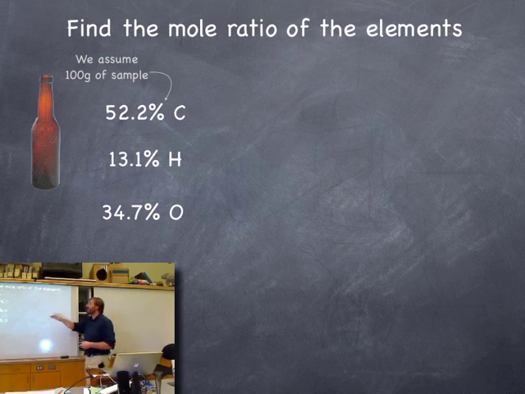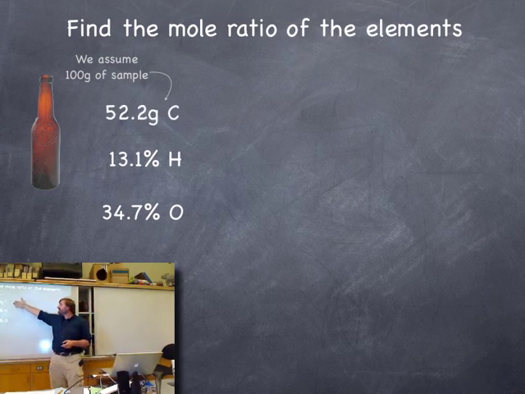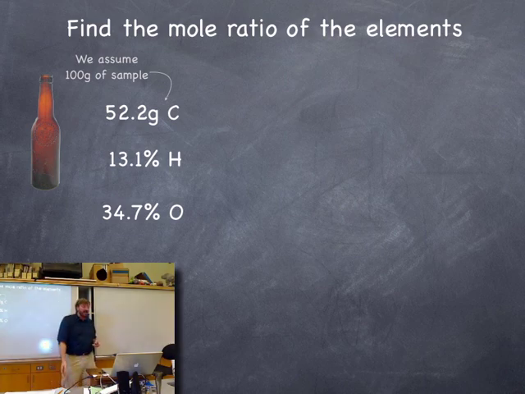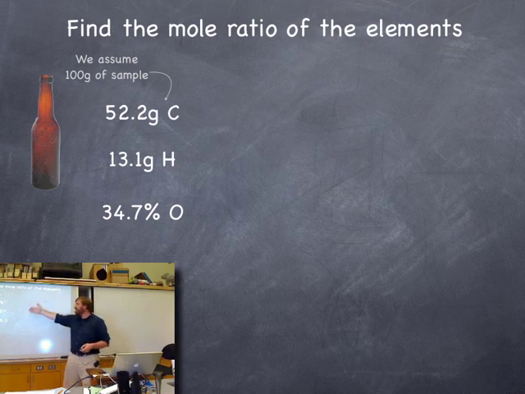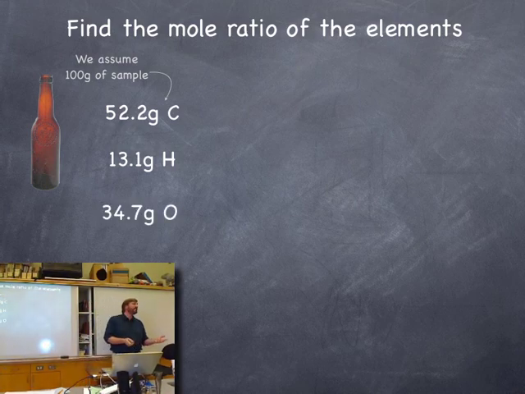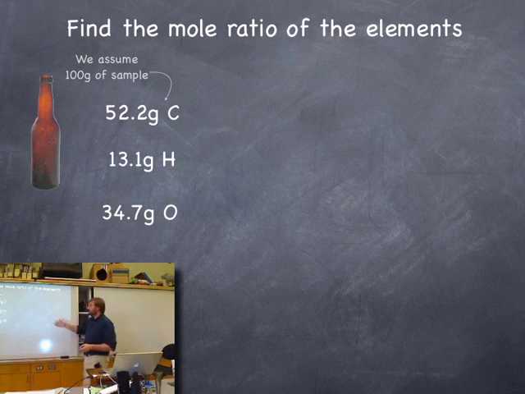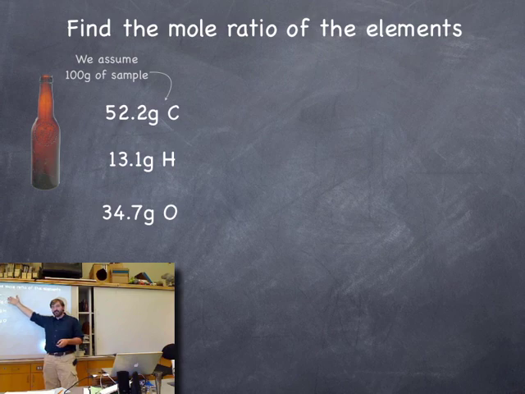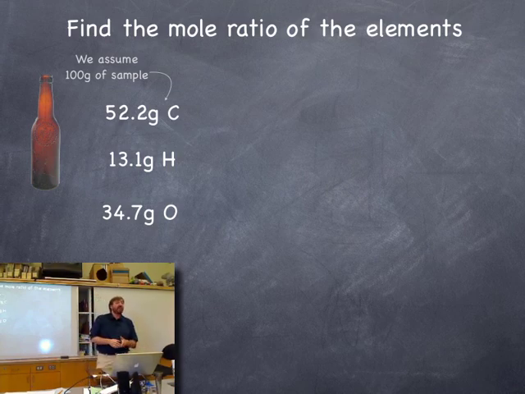With a 100 gram sample, the percentage of carbon becomes the grams of carbon, the percentage of hydrogen becomes the grams of hydrogen, and the percentage of oxygen becomes the grams of oxygen. That's the beauty of choosing 100 grams: it's a quick way to turn percentages into mass. If we already had the masses, we wouldn't need to worry about this at all.